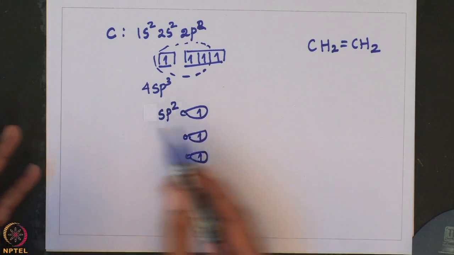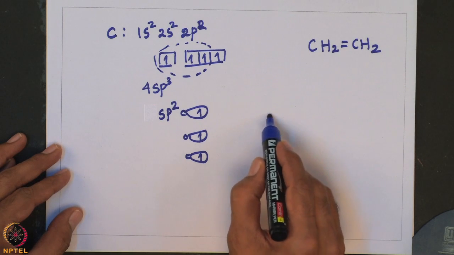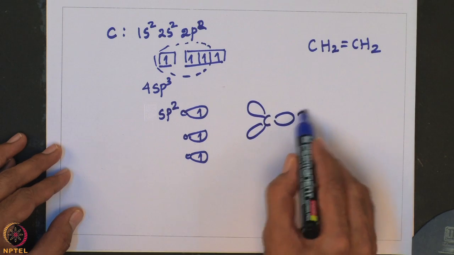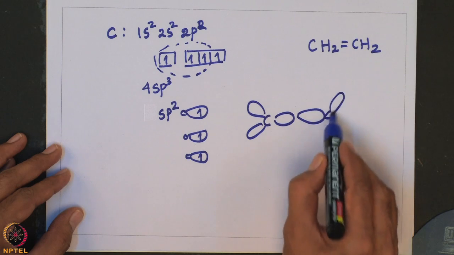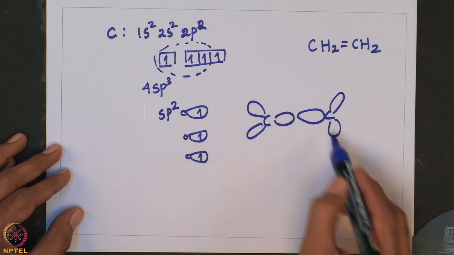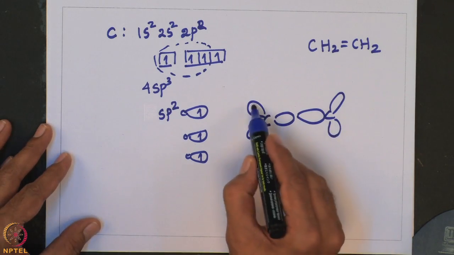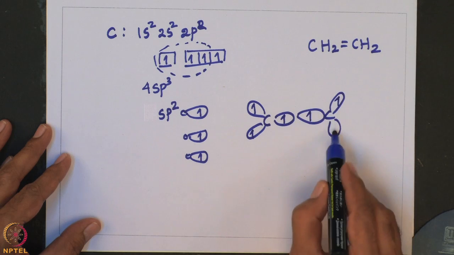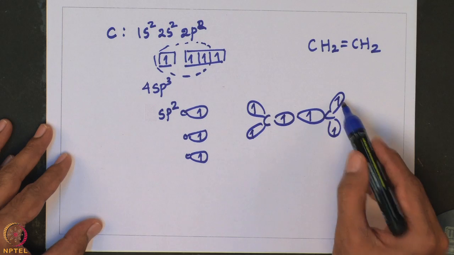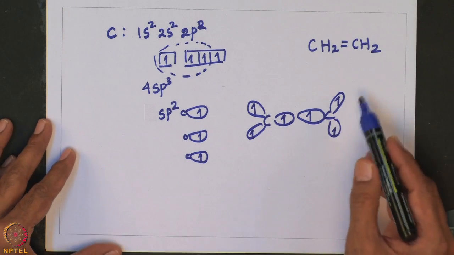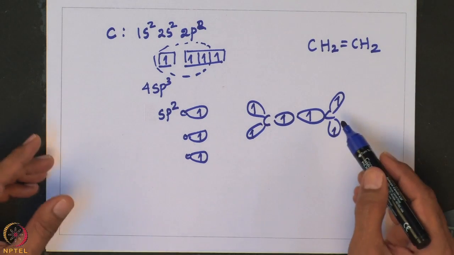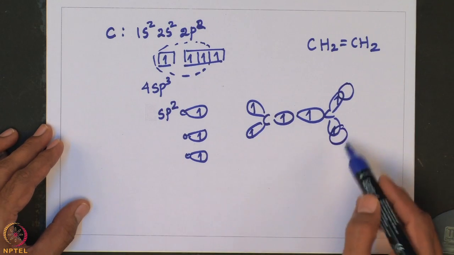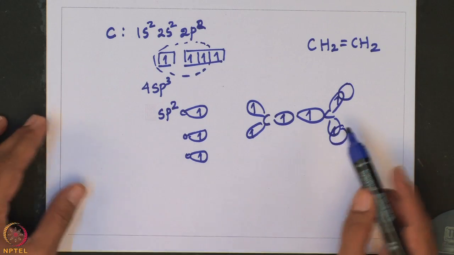So, the 2 carbon atoms would be positioned in this fashion. These three are sp2 hybrid orbitals having 1 electron each, and the 4 terminal sp2 orbitals with 1 electron each will combine with hydrogen atoms in this fashion to make 4 covalent bonds.